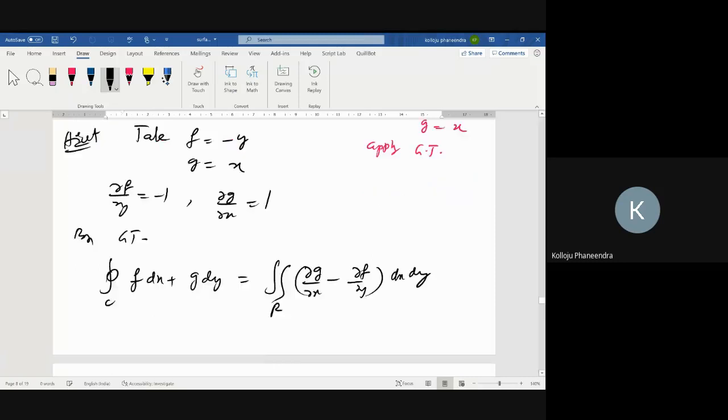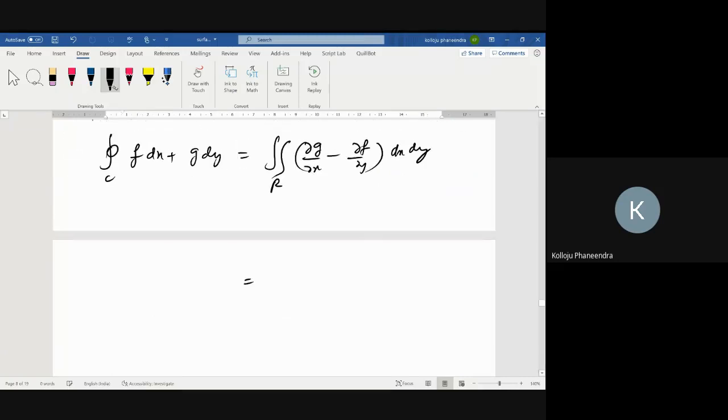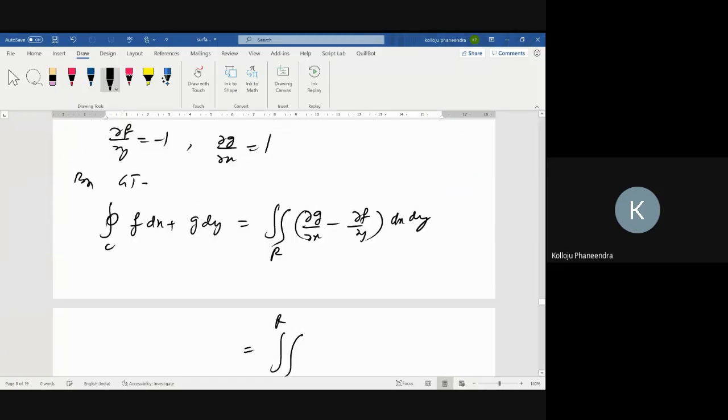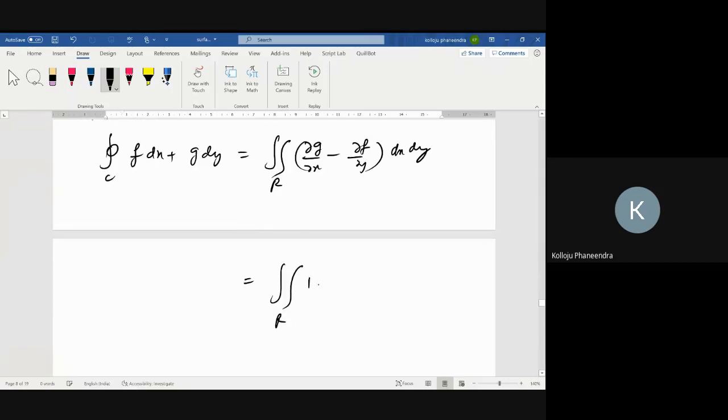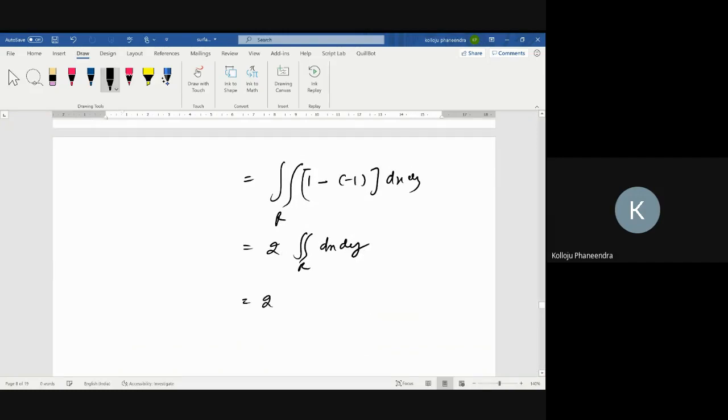Substituting, 1 minus of minus 1, so this is 2 times the double integral over R dx dy. The double integral over R dx dy is nothing but the area of the region R.